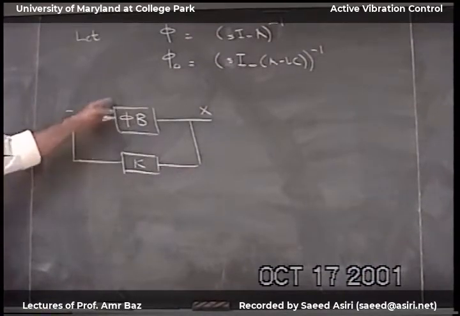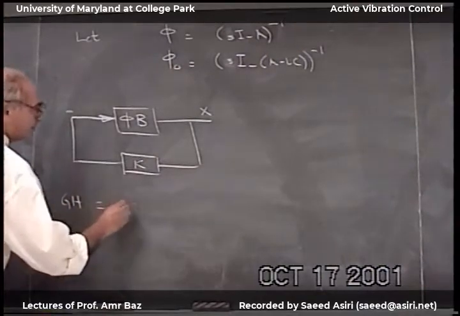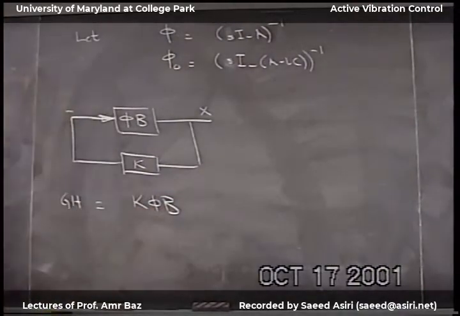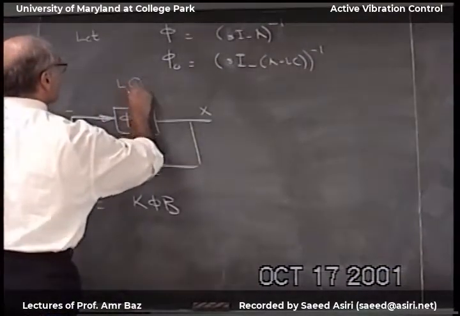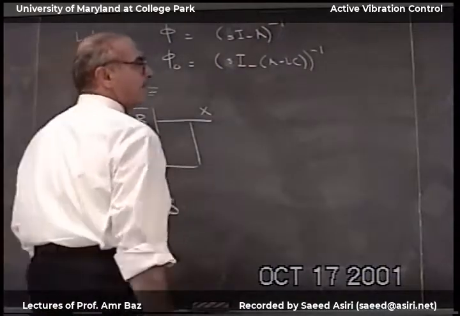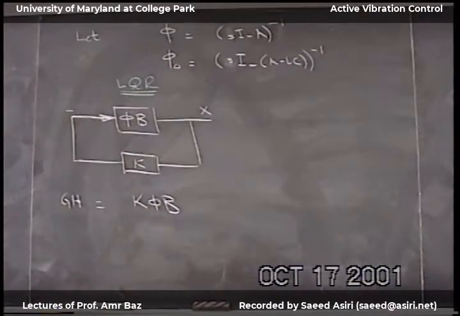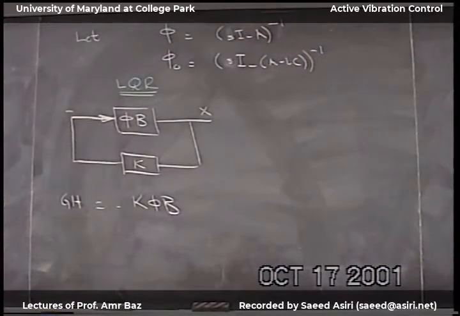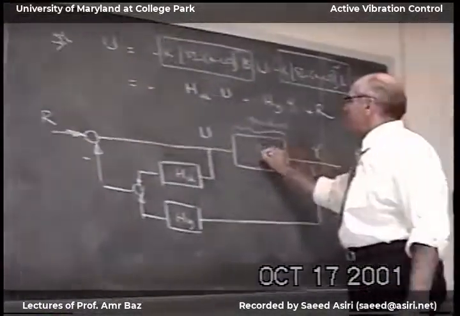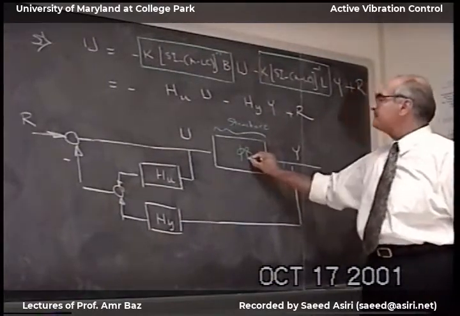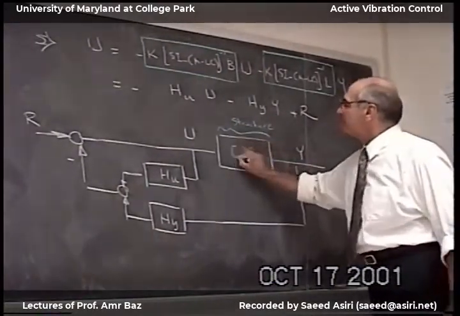And the GH of the system is equal to K phi B. Now this is the phi and the B, and the result is X. If I want Y, then I multiply this times C. So if I want from U to get the Y, this is my structure.